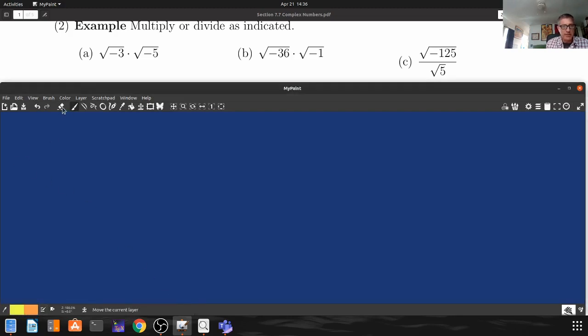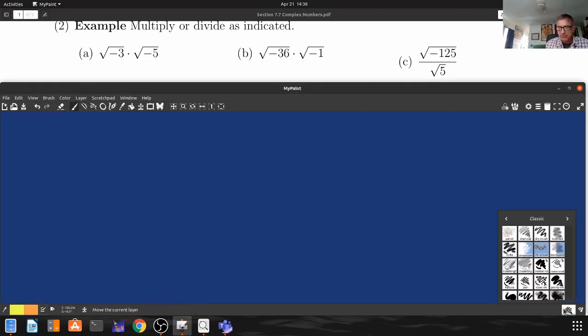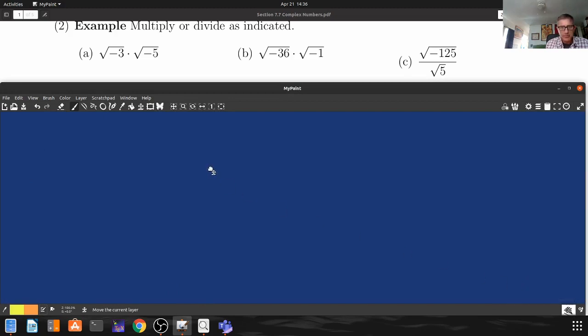So, example 1a. The square root of 3 minus 3 times the square root of minus 5.